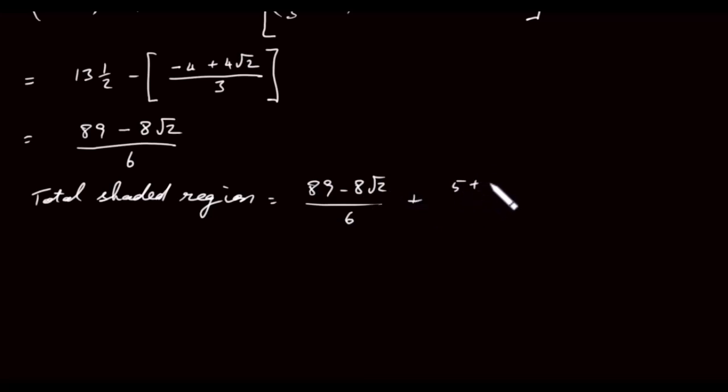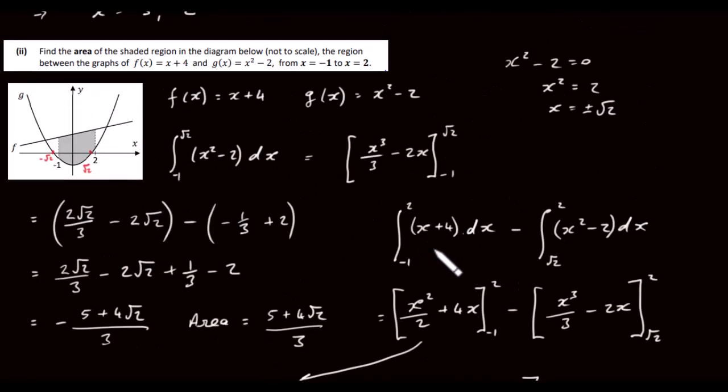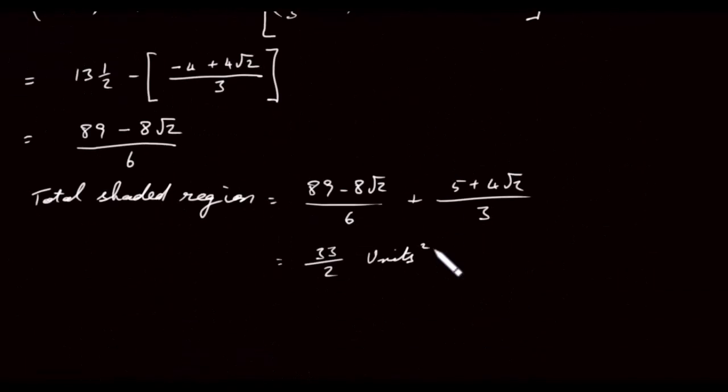It's 5 plus 4√2 over 3, and when you do all of that you actually get 33 over 2. So that's units squared. I don't think they gave us any units there. No, so I'm just going to say unit squared.